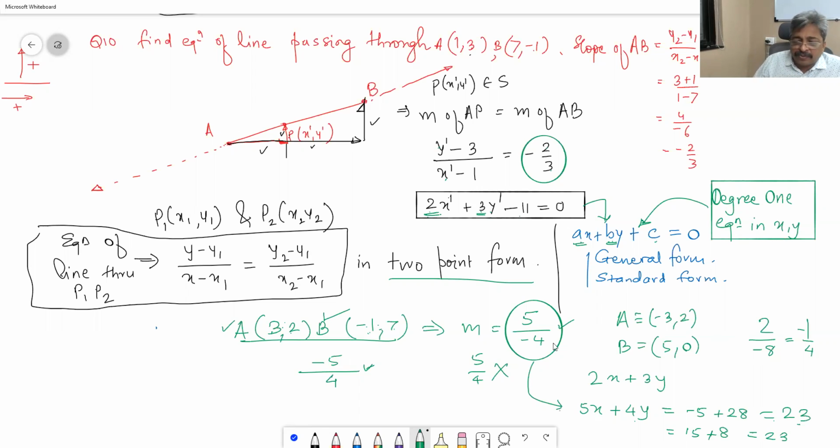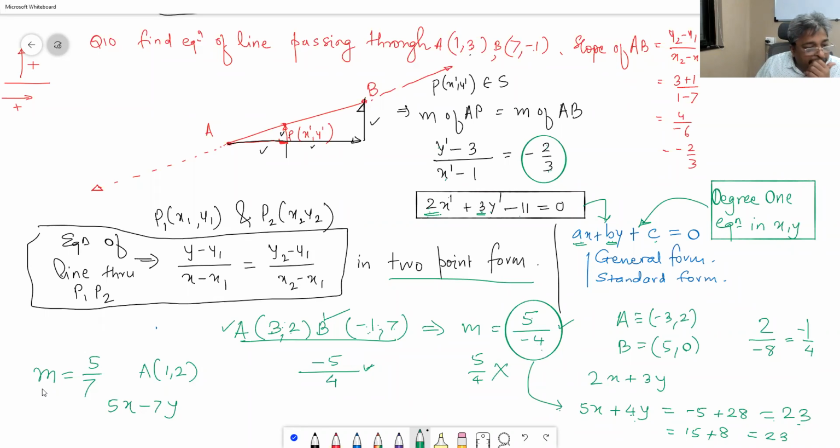Suppose the slope m is equal to 5 upon 7 and the point A is 1 comma 2, then the equation of the line is 5x minus 7y. Now I am flipping the sign here, because when it is 2 by 3 it's minus 2 by 3 slope, and 5 by 4 it is minus 5 by 4 slope.